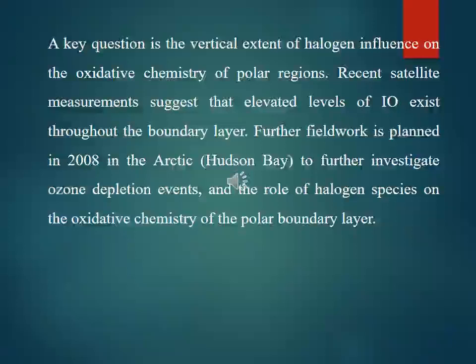Further field work is planned in 2008 in the Arctic, that is Hudson Bay, to further investigate ozone depletion events and the role of halogen species on the oxidative chemistry of the polar boundary layer.